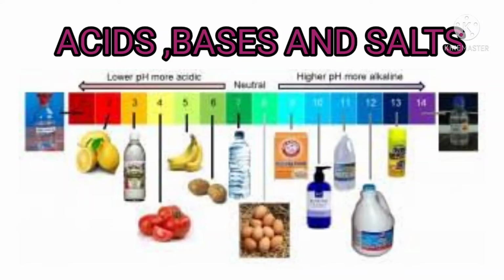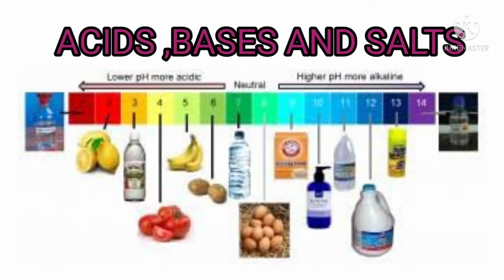Today we are going to start new chapter 2, acids, bases and salts. You have already learned about some basics of acids, bases and salts in your previous class. Most of the things that we use in our daily life are acids, bases and salts.